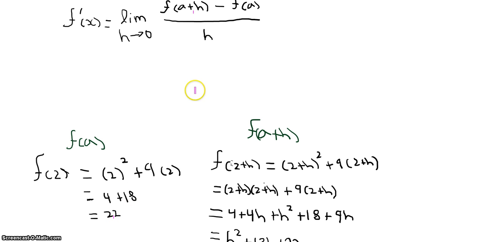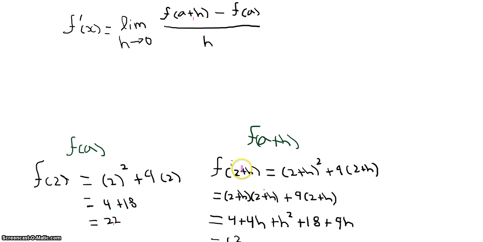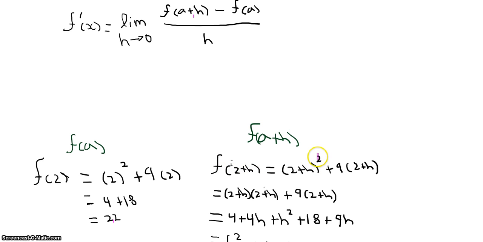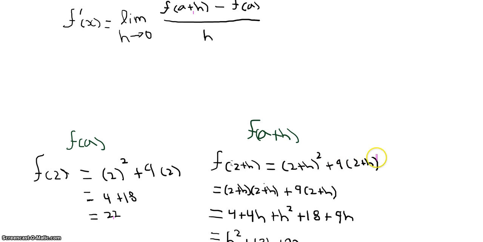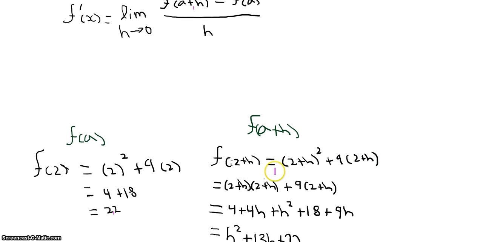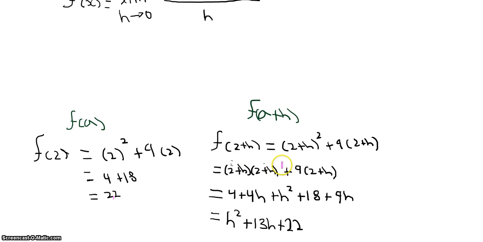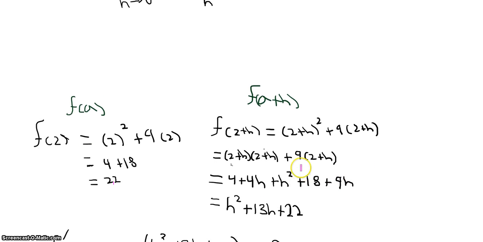So that's easy. And then we try to find f of a plus h. Since we're leaving h as it is for now, you have to actually plug in 2 plus h into your function. So you get (2 plus h) squared plus 9 times (2 plus h). And if you expand it and put it together, you end up getting that f of 2 plus h equals h squared plus 13h plus 22.